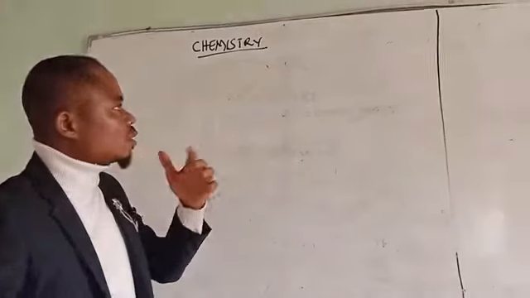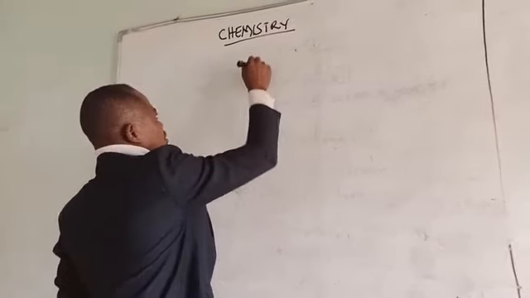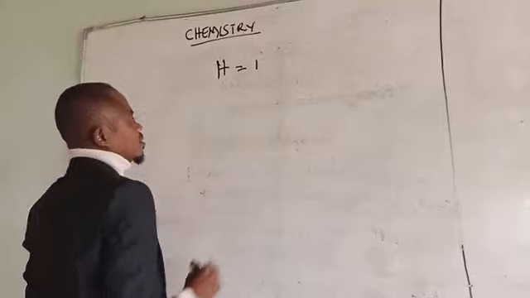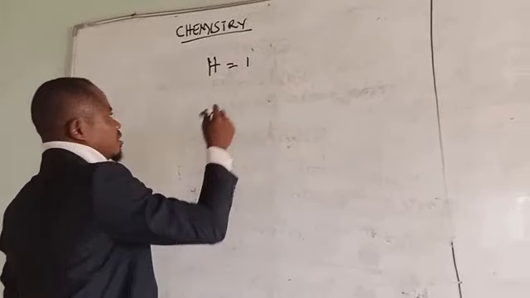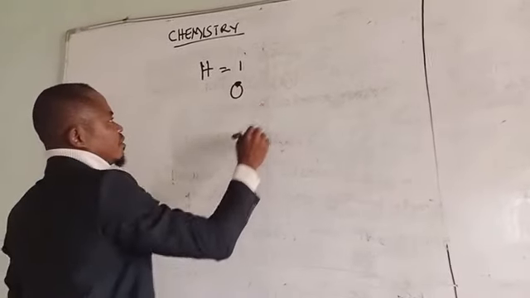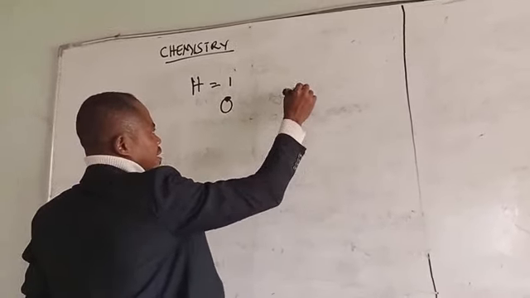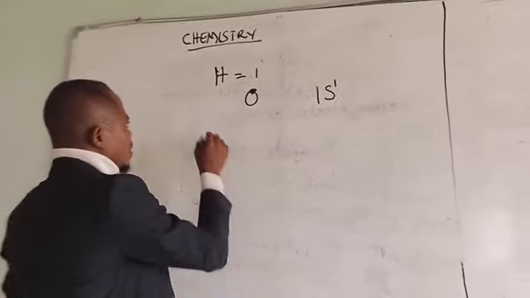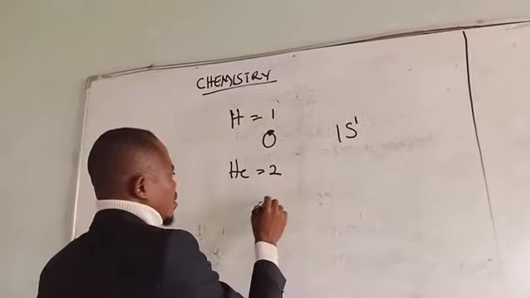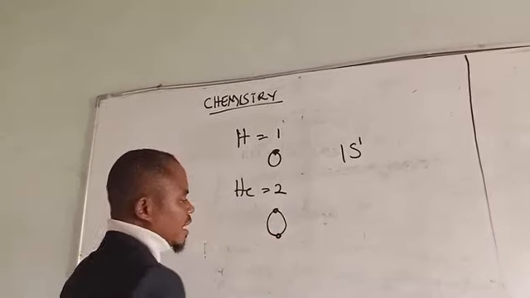So looking at the electronic configuration for some elements, let's look at hydrogen. Hydrogen has atomic number 1. So the electronic configuration, the first shell will take just 1 electron. In the SPDF method, we're going to have 1s1. Helium has atomic number 2. Still in the first shell, because the first shell can take a maximum of 2 electrons.